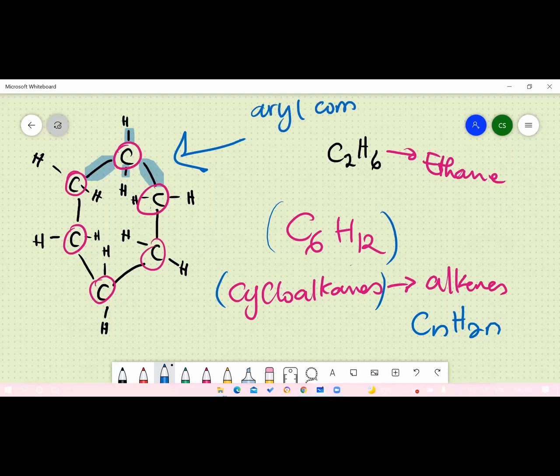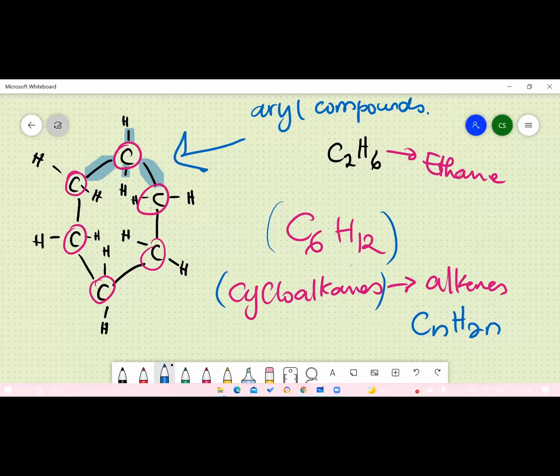But ringed carbon alkanes are called cycloalkanes. So carbon ring structures are known as aryl compounds, while the alkene structures that are ring structures are known as cycloalkenes.